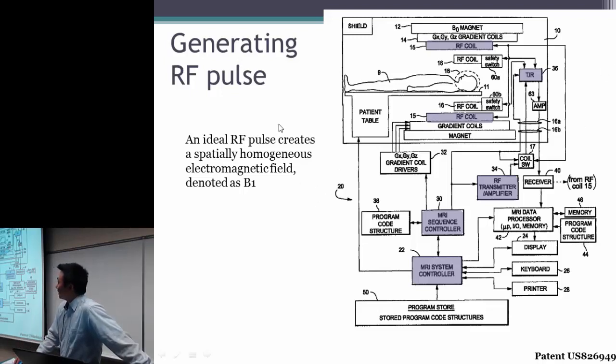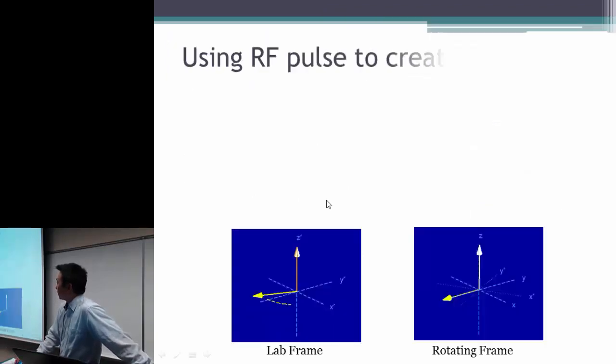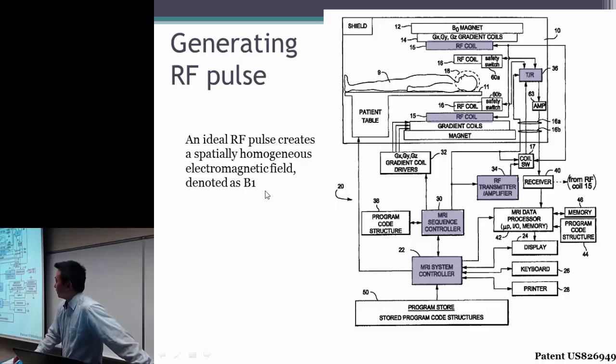So the requirement for generating a good RF pulse is usually that it will have a spatially homogeneous electromagnetic field. Usually we denote the RF pulse field as the B1. The ideal is that we can generate a very spatially homogeneous RF field so that it can excite all the spins with the same flip angle, same frequency response throughout the whole object. So usually that's the idea.